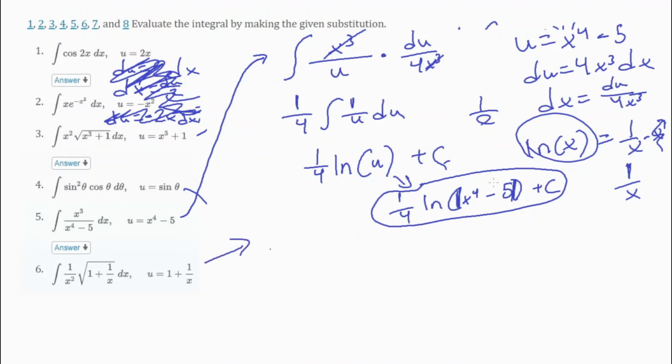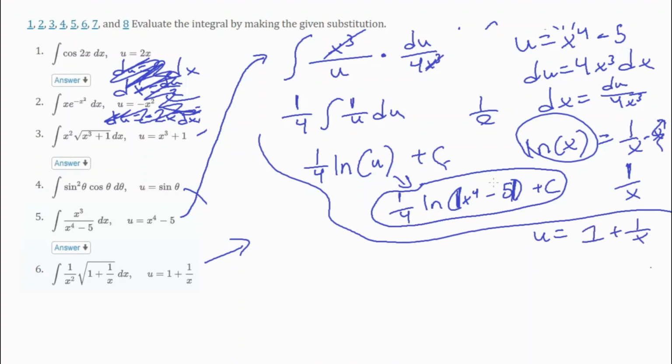So now number 6 is going to be a pretty long equation. So we're given that, let me block this out here, u is equal to 1 plus 1 over x. And now we need to find du. So du is going to be, derivative of 1 is going to be nothing, plus the derivative of 1 over x, which a good thing to know is that derivative of 1 over x is going to be negative 1 over x squared.